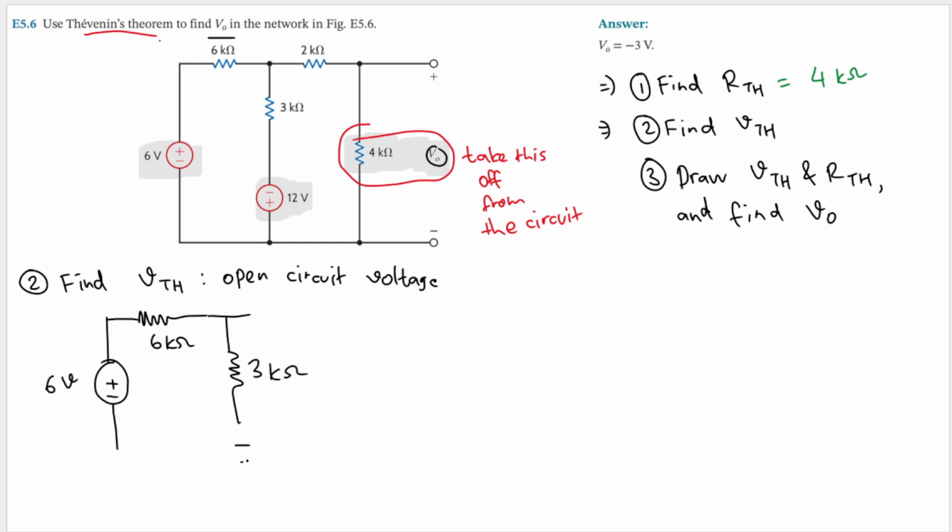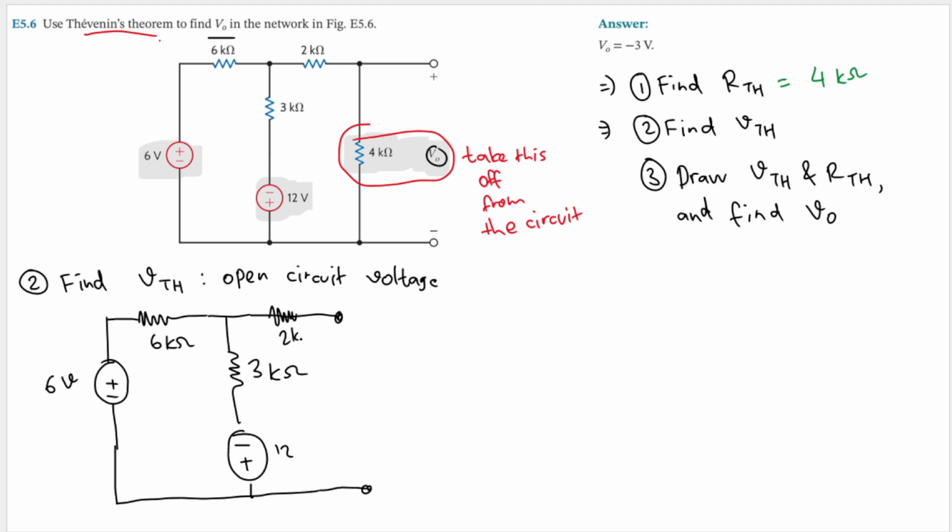And then we also have this 12-volt voltage source, but with the flip sign here. And remember that we replace this 4 kilo ohm by open circuit because we are looking at the Thevenin equivalent at that point. So we'll have it like this. Oh yeah, we have this 2 kilo ohm resistor here.